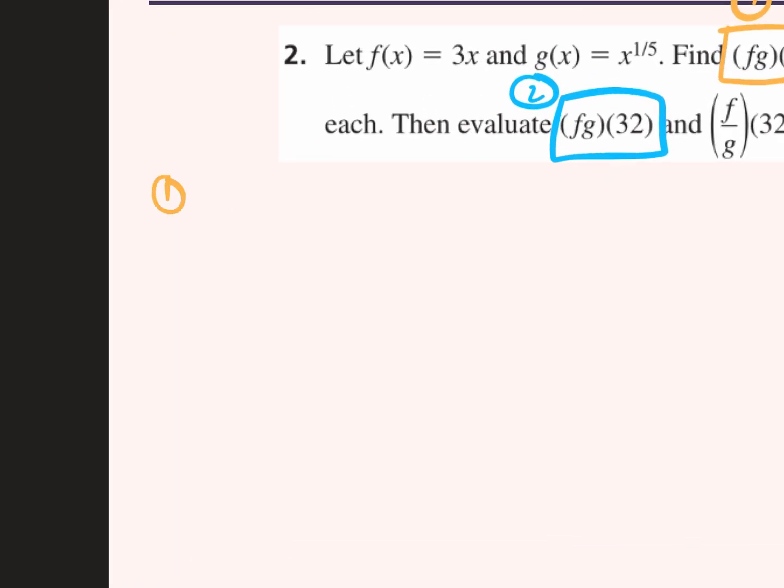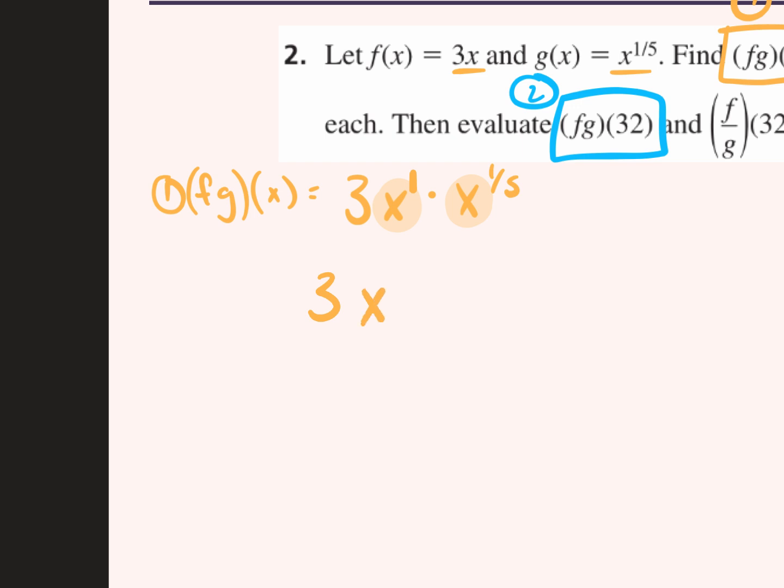So for question 1, we're finding f times g of x. So we're going to multiply f and g together. So 3x times x to the 1/5 power. My bases here are the same, so I can combine the x's together. When multiplying, how would I combine the x's together? Add the exponents. What's the exponent on the first x? 1. So the 3 just stays out front, and we add the 2 exponents.